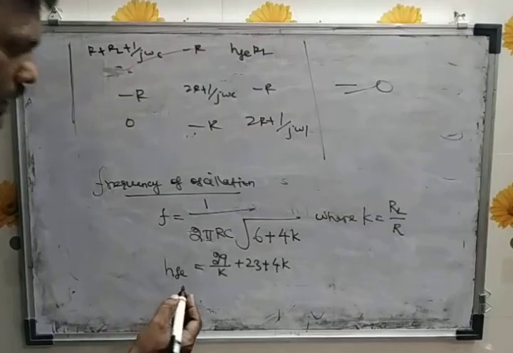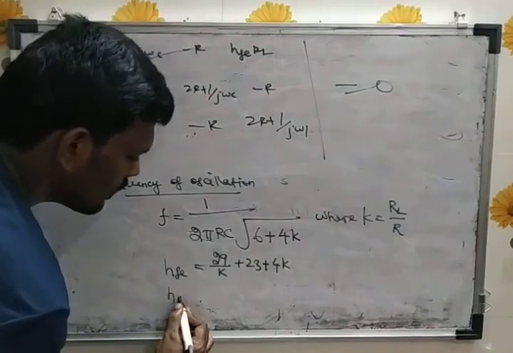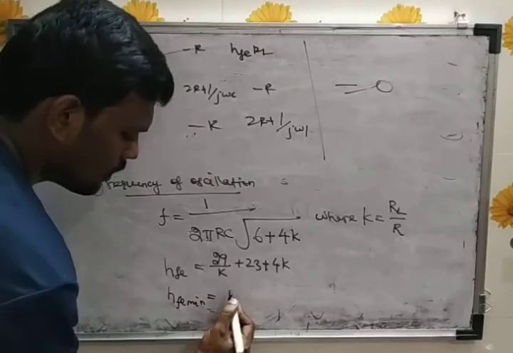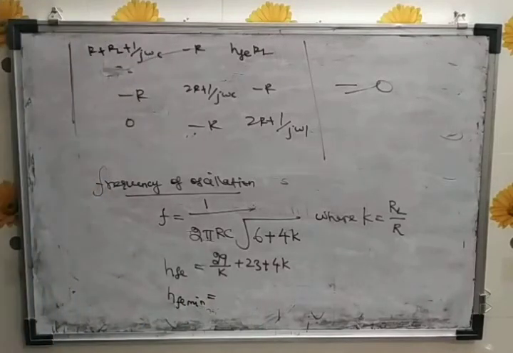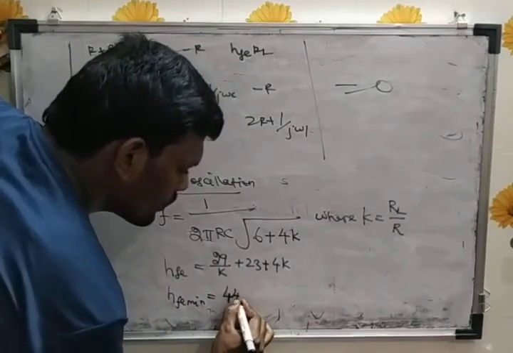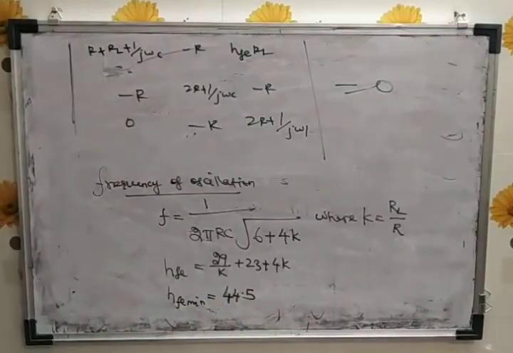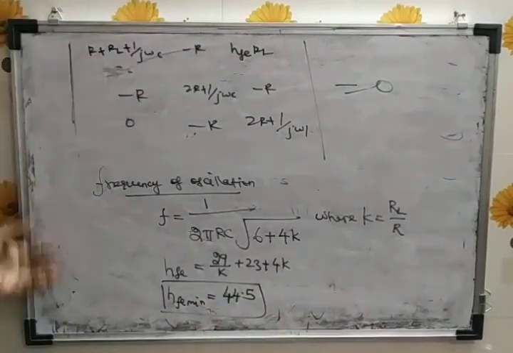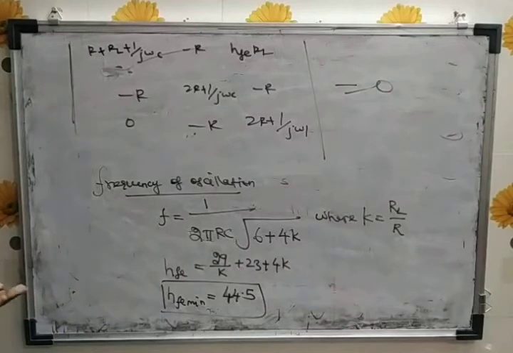You will get HFE minimum value, which is equal to 44.5. For the derivation part, refer to the PDF document in the WhatsApp group.